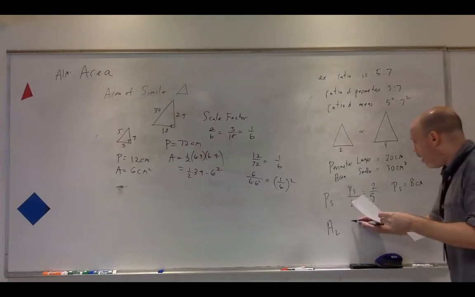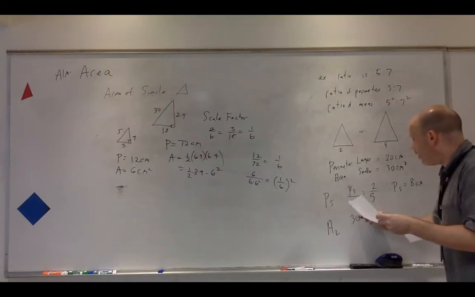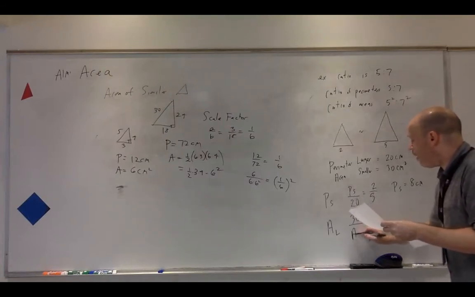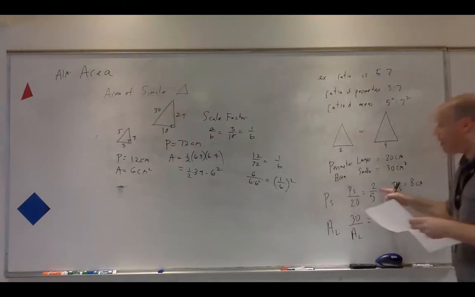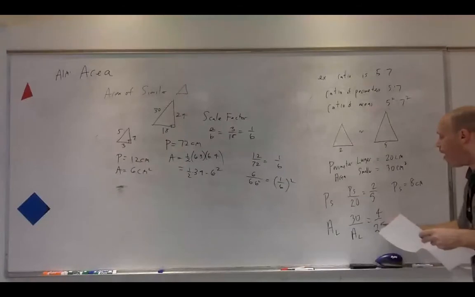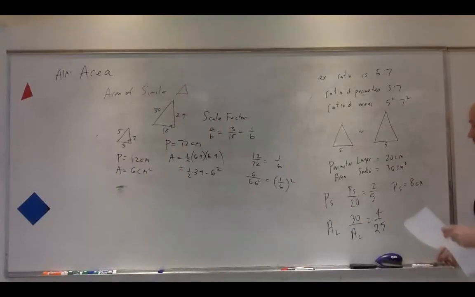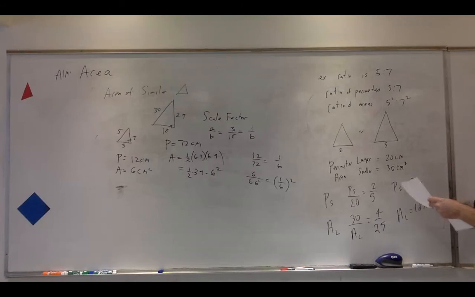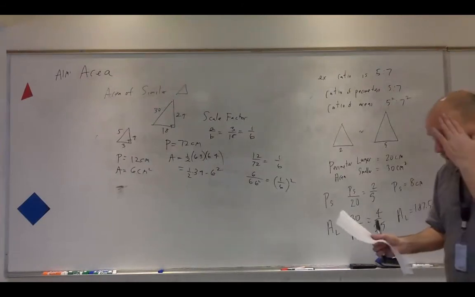We know that the area of the smaller, 30, over the area of the larger is equal to, not 2 to 5, it's now 4 to 25. And so with manipulation, you get the area of the larger is equal to 187.5 centimeters squared.